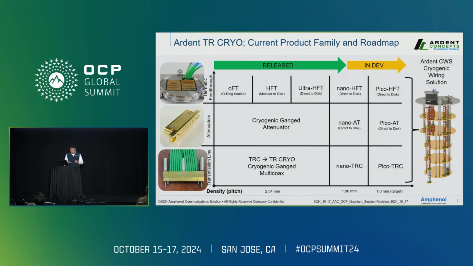The GaN ecosystem shown here is designed for immediate integration with mainstream cryogenic dilution refrigerator systems. Today, such a GaN ecosystem is commercially available with 2.54 millimeter signal-to-signal pitch, with 1.9 millimeter coaxial versions in beta testing right now.